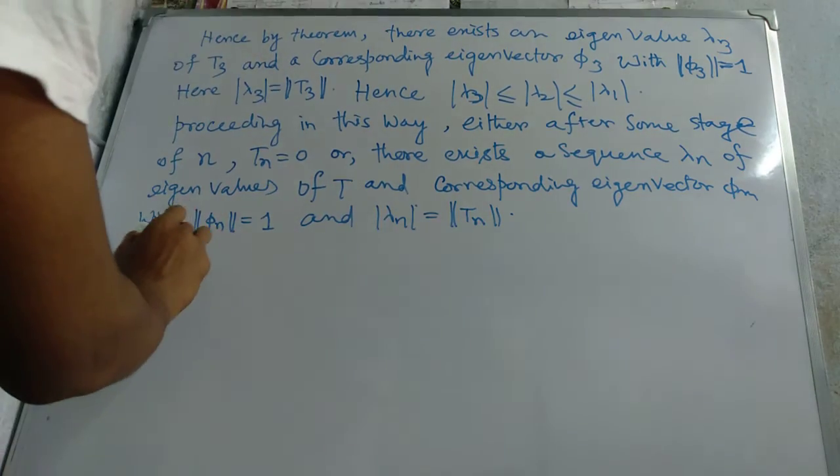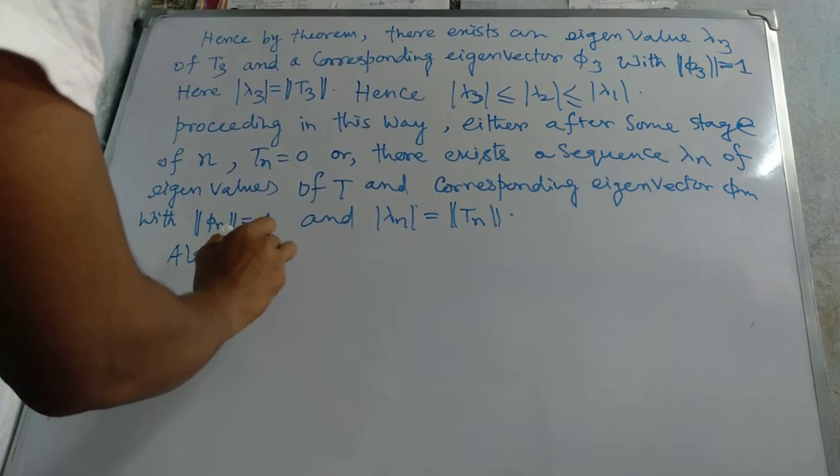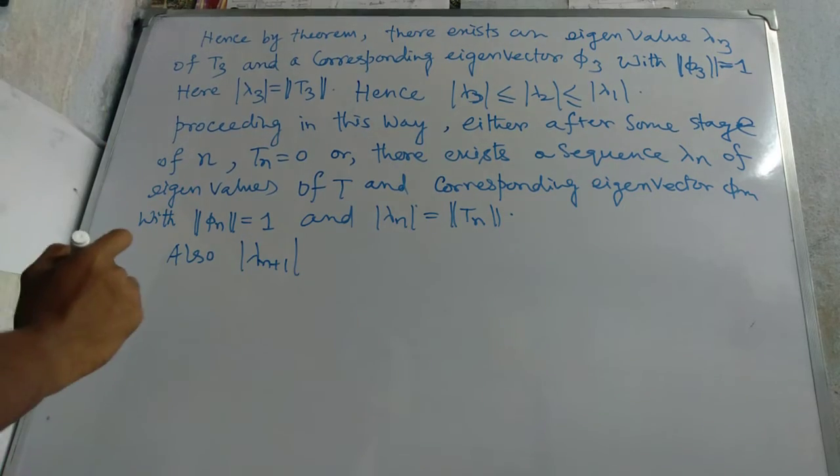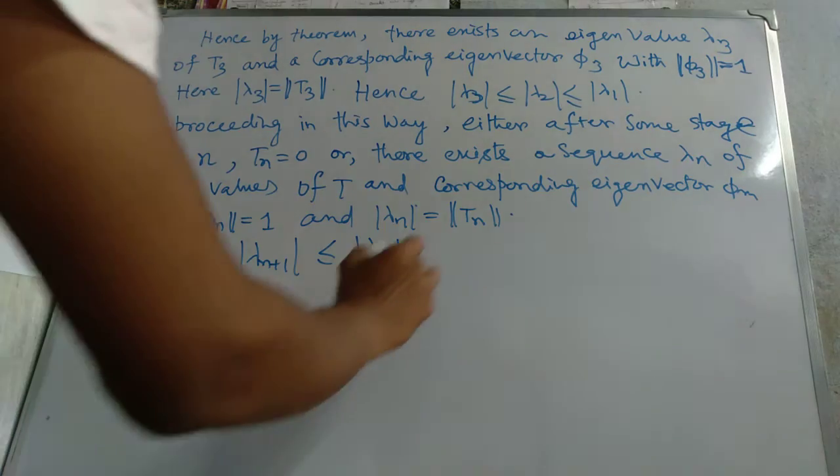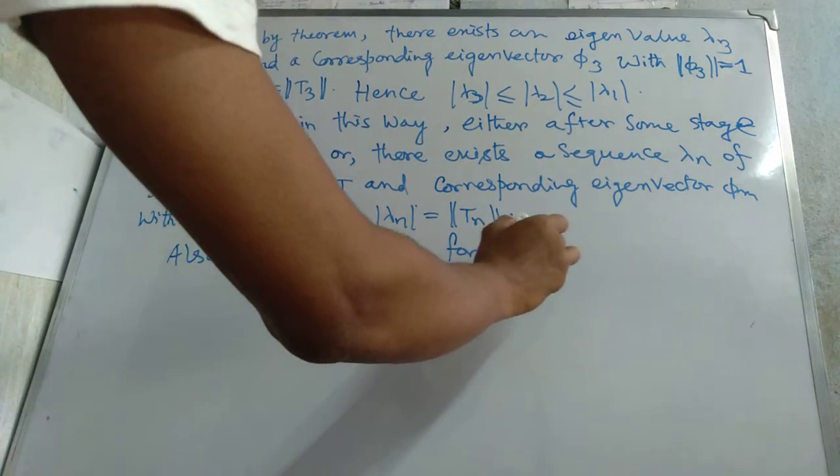So then also norm of lambda n plus 1 is less than or equal to norm of lambda n for each n.